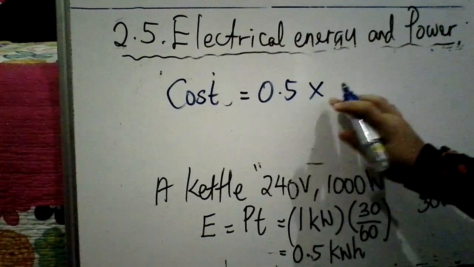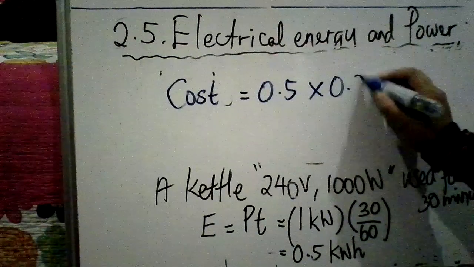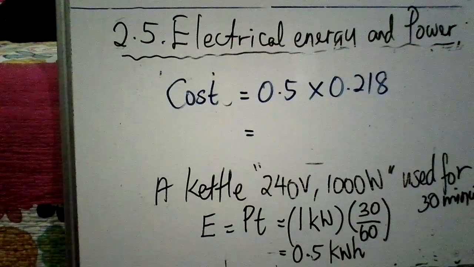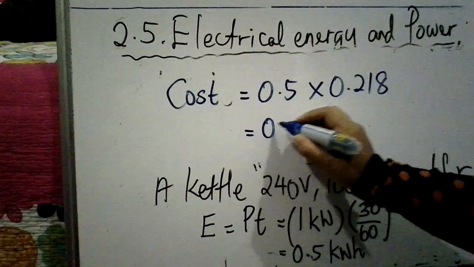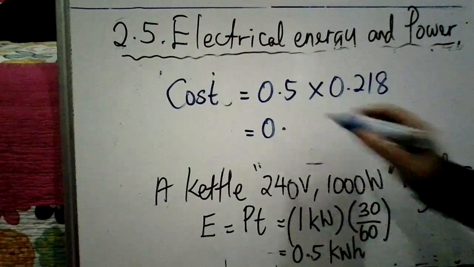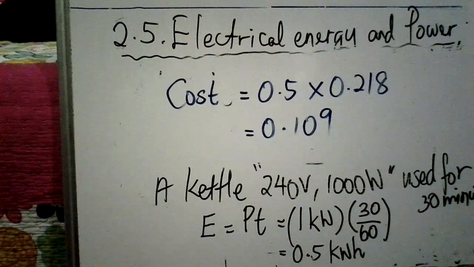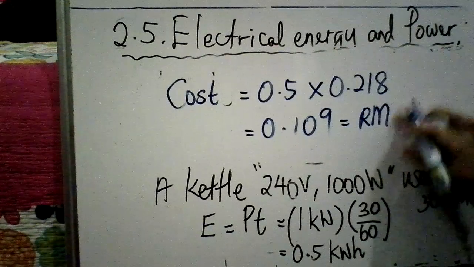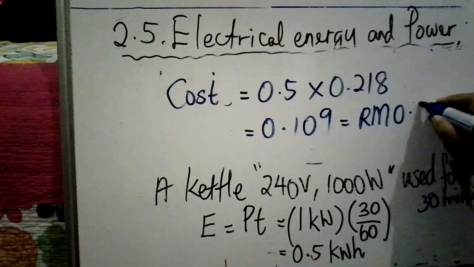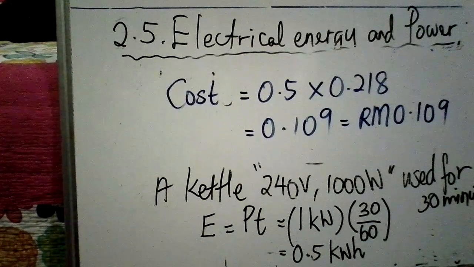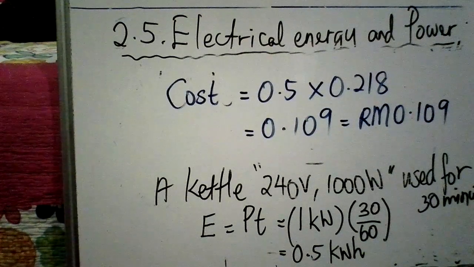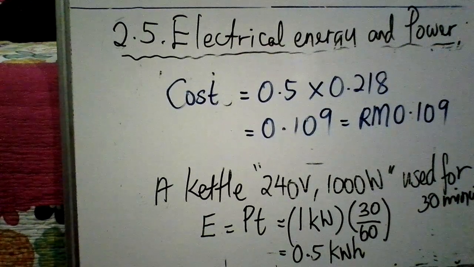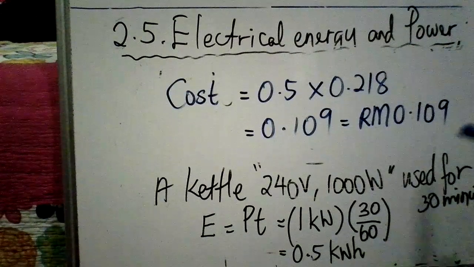Given 1 unit is 0.218 ringgit, we multiply and get 0.109 ringgit, meaning only 10.9 cent if we use the kettle for 30 minutes. So this is the cost of consumption.